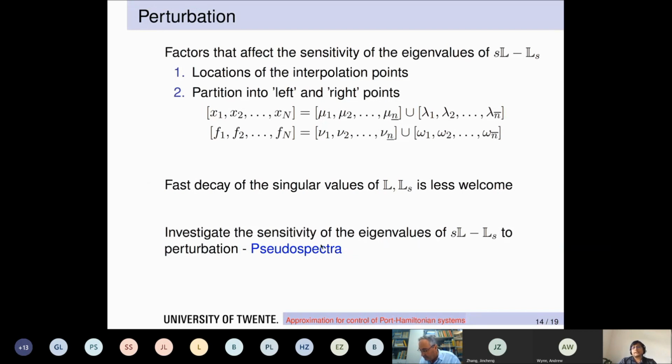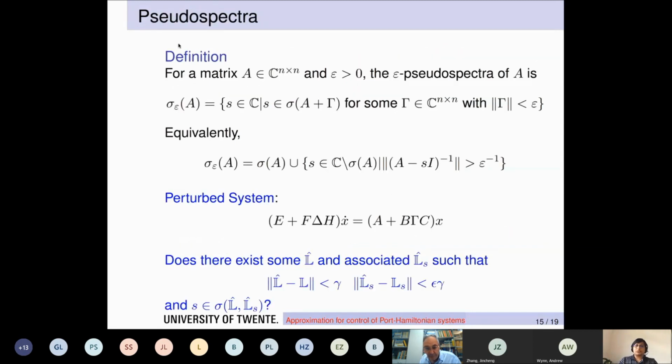For this sensitivity, there is a very familiar tool, that is the pseudospectra of the matrix pencil. The pseudospectra of a matrix can be defined as the eigenvalues of a perturbed matrix, where the perturbation is measured in some norm. And if we apply the singular value decomposition, then we come up with an equivalent definition.